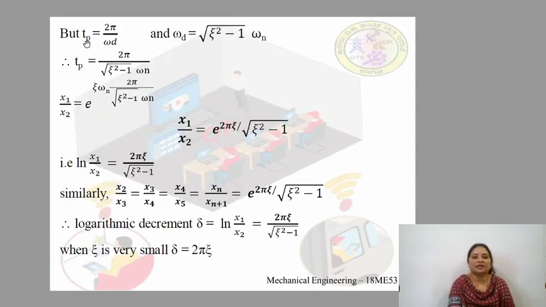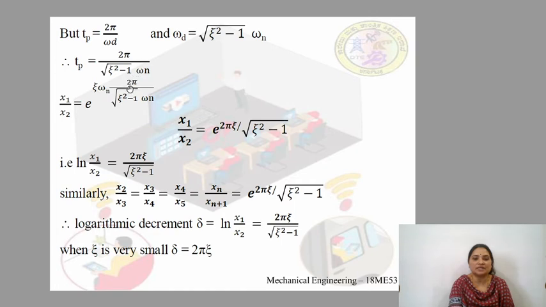Using this, we can write Tp equals 2 pi by omega d, where omega d is given as square root of 1 minus zeta square into omega n. So the time period equals 2 pi divided by the substitution of omega d, that is square root of 1 minus zeta square into omega n. Now, we substitute the value of Tp in the previous equation, that is x1 by x2 equals e to the power of zeta omega n into Tp.